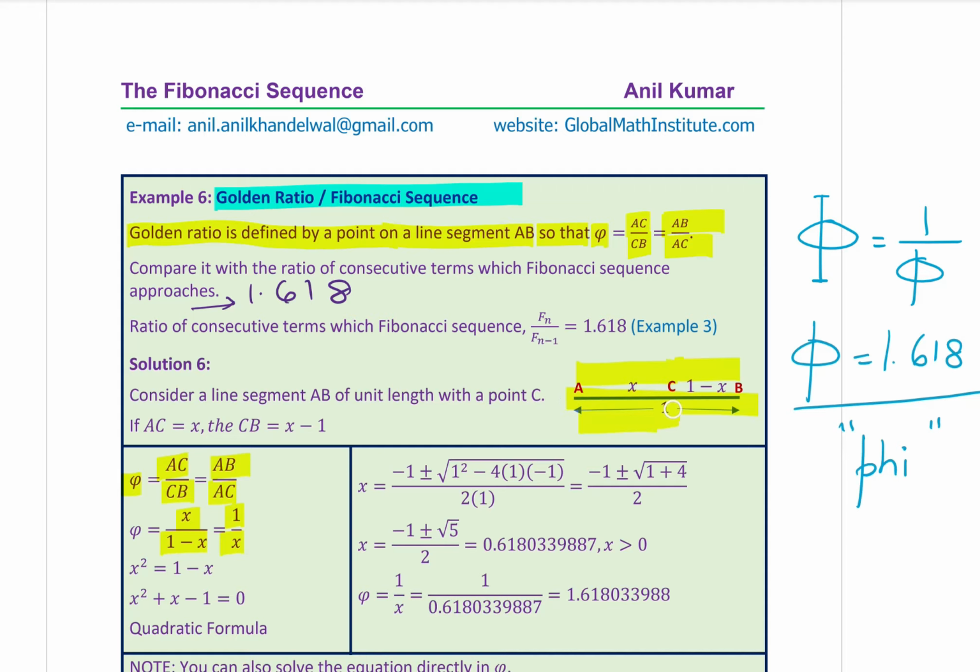So A to B is 1 unit long with a point C. If AC is x, then CB will be 1 minus x, correct? Okay, so as defined, phi is equal to x over 1 minus x equals 1 over x, correct? So as you can see, phi is equal to 1 over x, right?